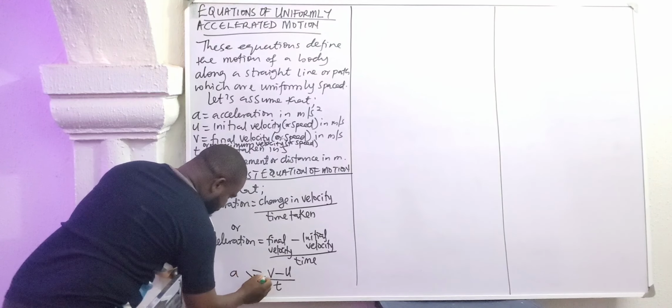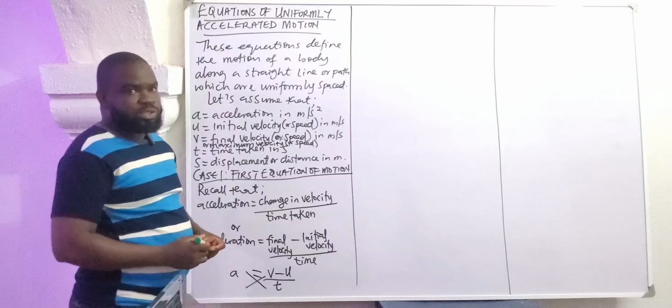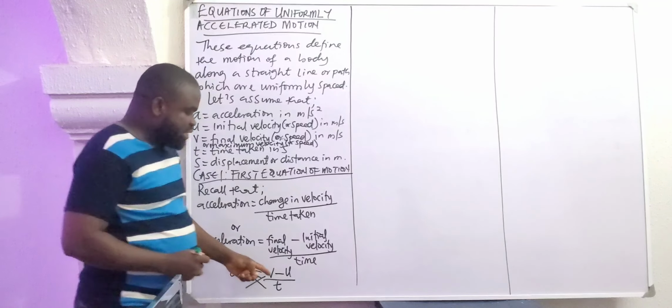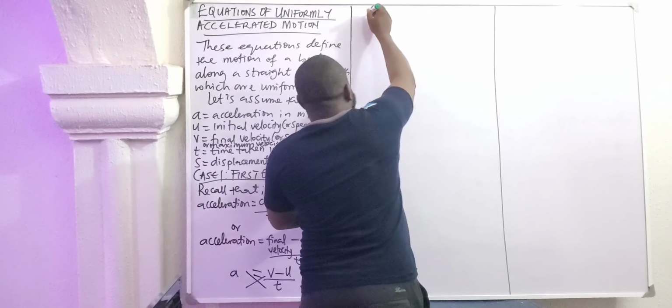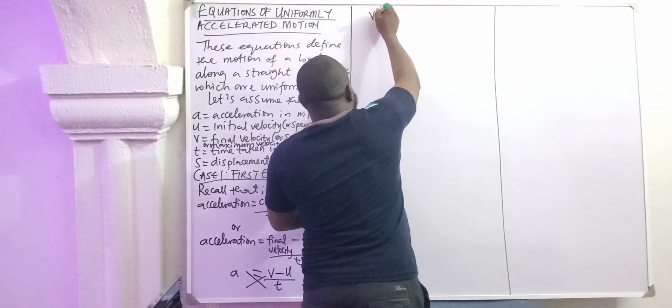Now we'll cross multiply to make V the subject of formula. After cross multiplying, I will advise you write V minus U first. You say V minus U is equal to A times T. You carry U to the other side, it becomes plus.